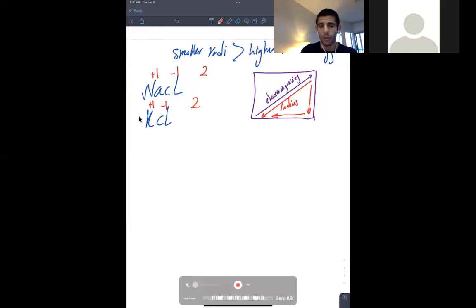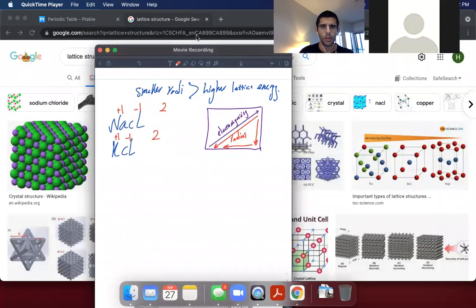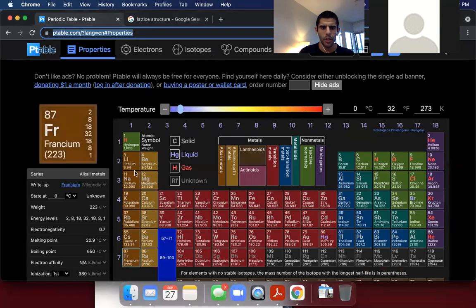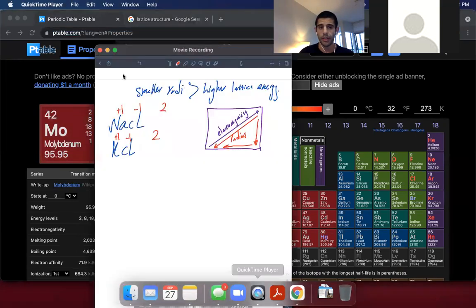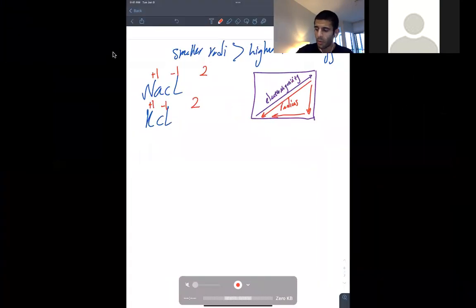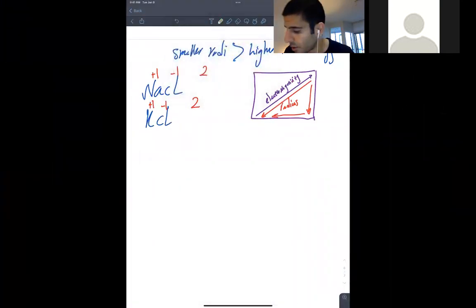By the way, they're the same for Cl, identical. Let's compare Na and K, and whichever one is smaller is going to have a greater lattice energy. So Na is here and K is here. K has a greater radius, but we're looking for a smaller radius. So we have a winner. NaCl has a greater lattice energy than KCl.